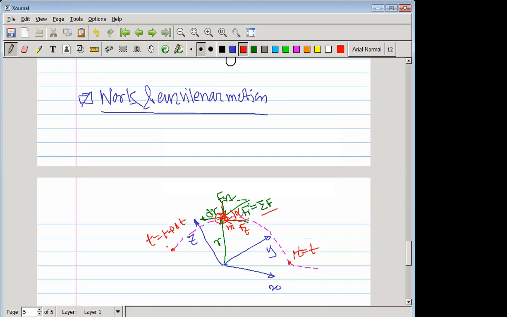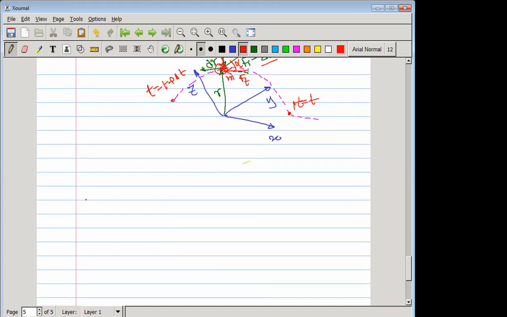So what should be the work done by that particle? As you know, U 1 to 2 is nothing but, as I used that formula some time before, integral of F dot dr, from position s1 at point 1 to s2 at point 2. It is nothing but F_t ds, where F is a force vector and dr is a vector here.